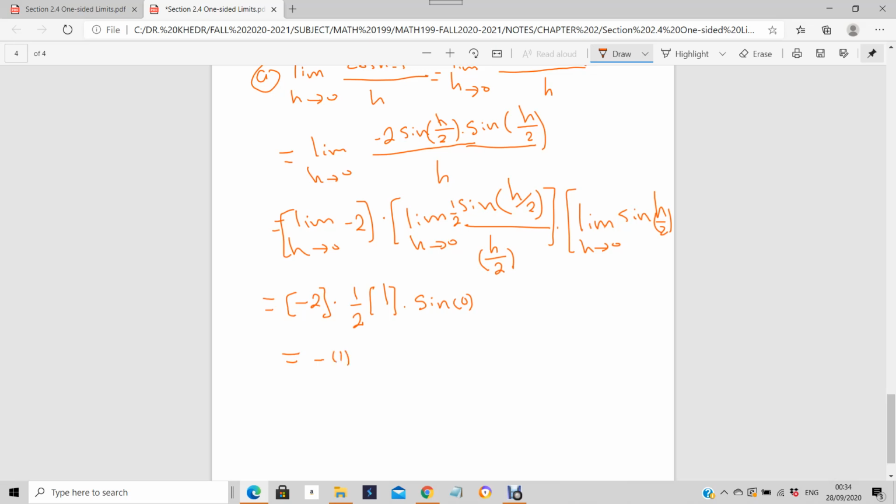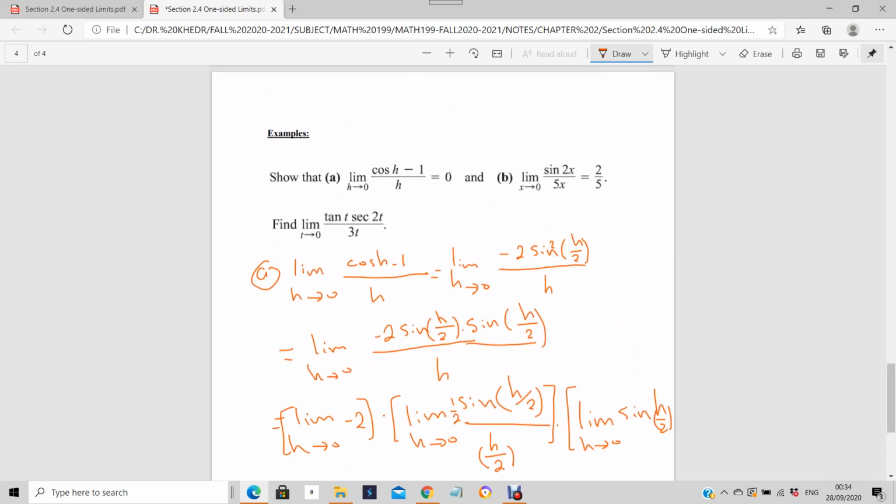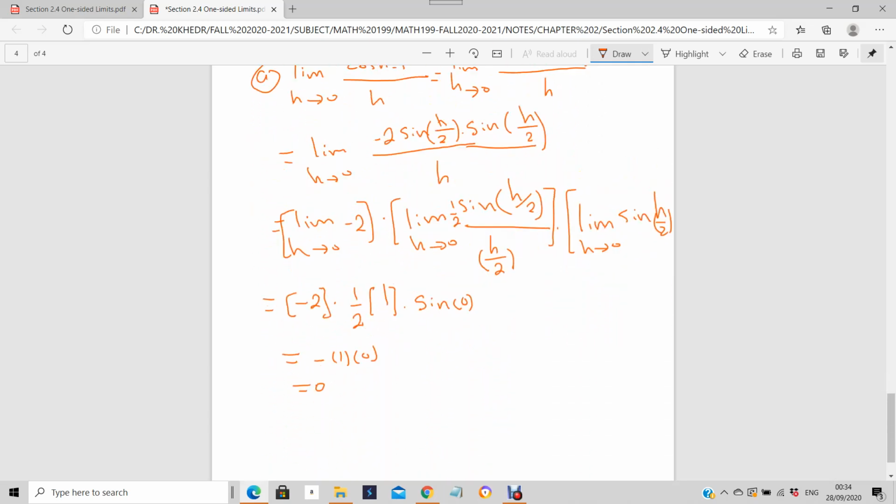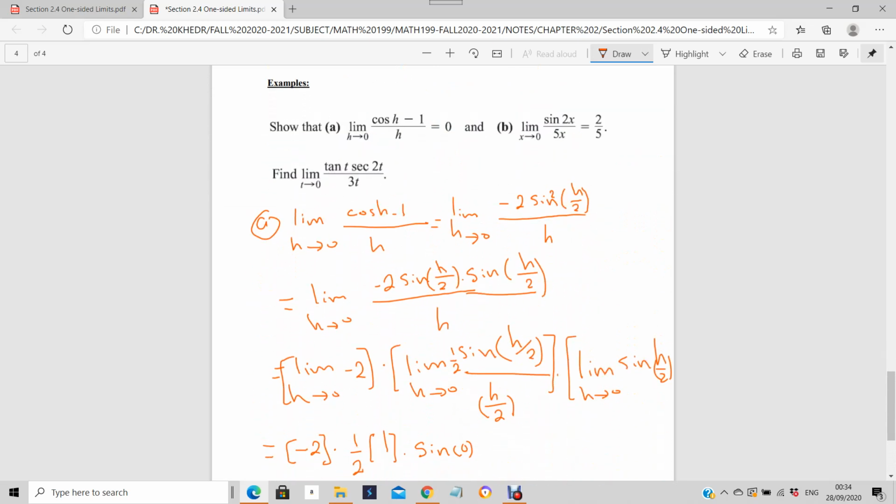So minus 1 multiplied by sine 0, that is 0. Then the answer will be minus 1 times 0 is 0. So the limit of this function will be 0. So this is the answer. We have shown that the limit of this function is equivalent to 0. I hope you understand the solution.